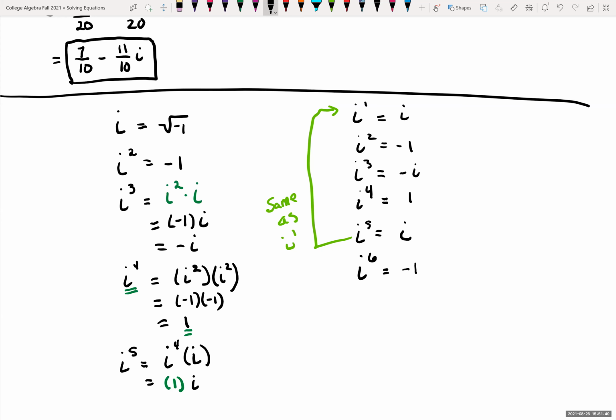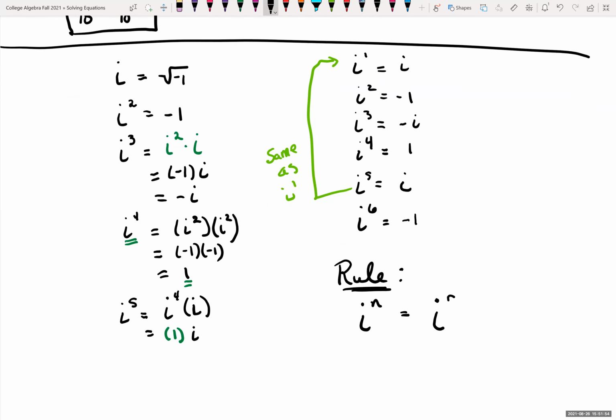There's a rule that says if you have i to the nth power, this is the same thing as i to the r, where r is equal to the remainder of n divided by 4.